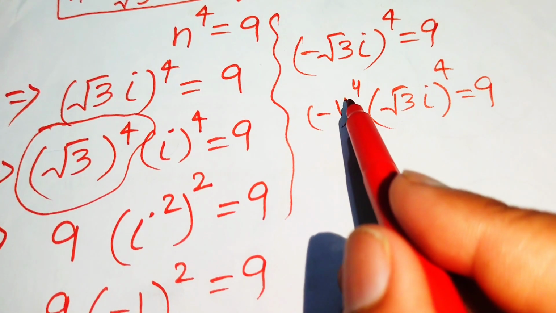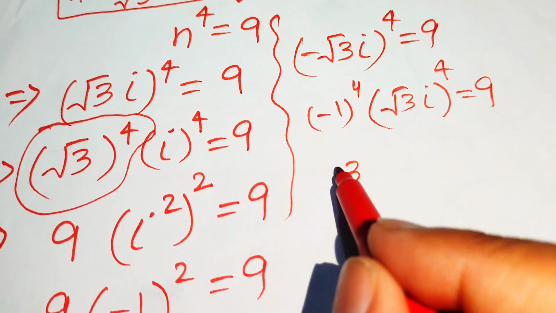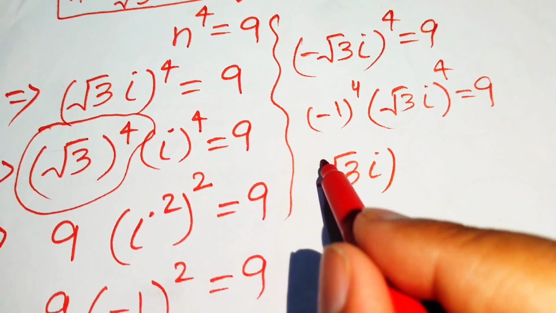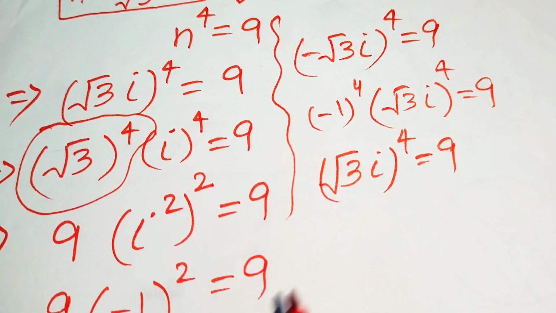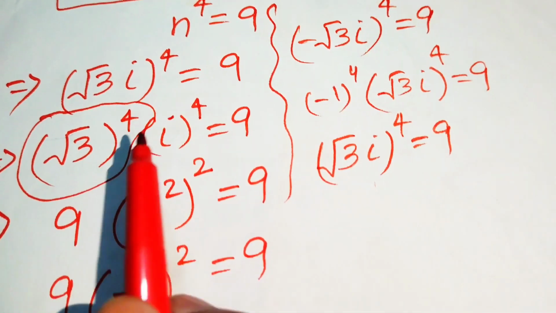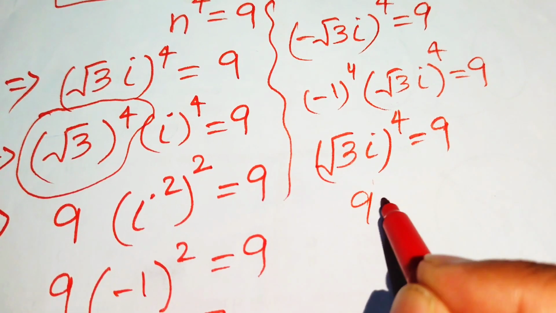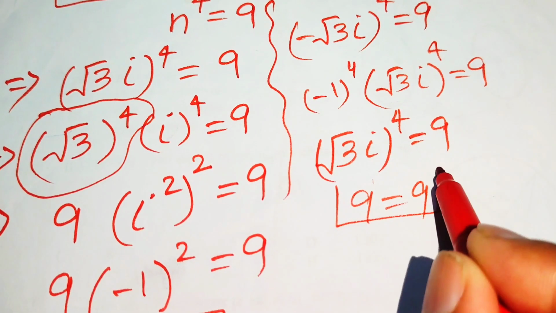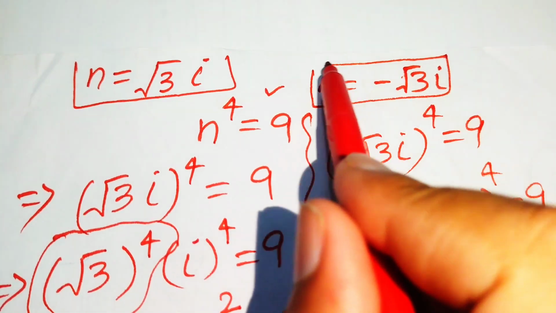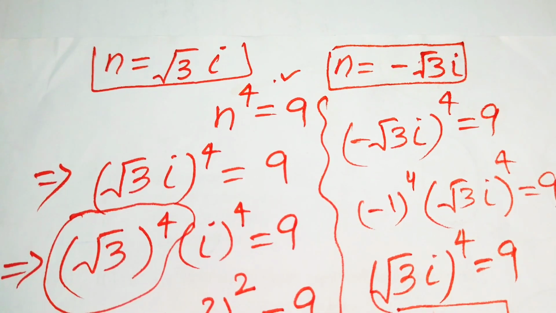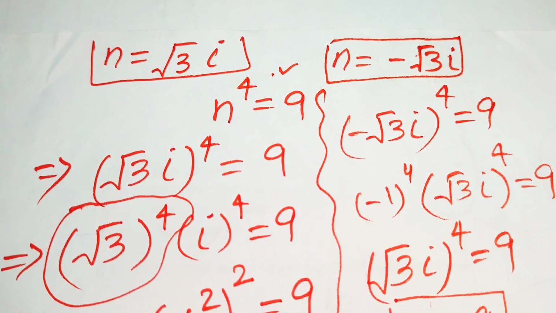We know that (-1)^4 is plus 1, so we get (√3 iota)^4 = 9. So this becomes our case. In this case we know that this is equal to 9 equals 9. So this shows that n equals minus square root of 3 iota also satisfies this equation. So these are the 4 roots of the given equation, and this is the final answer.